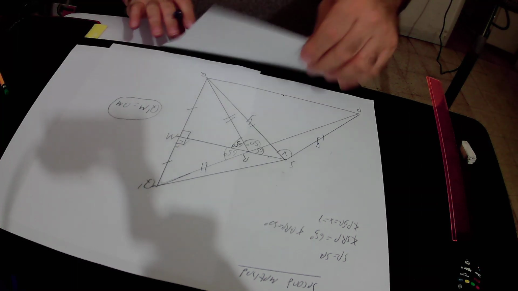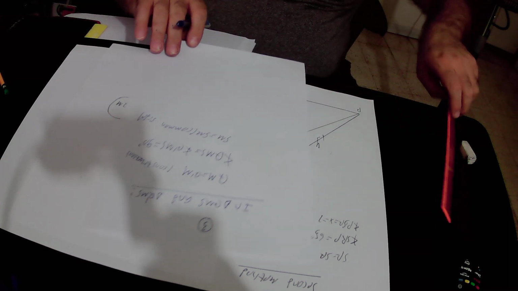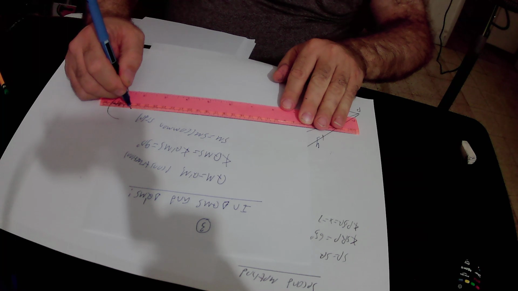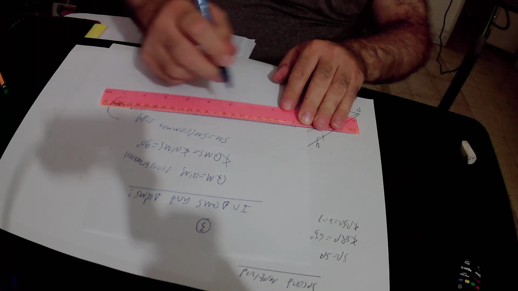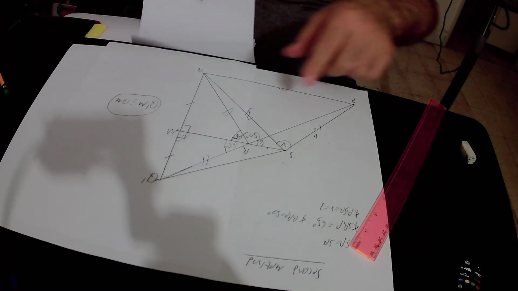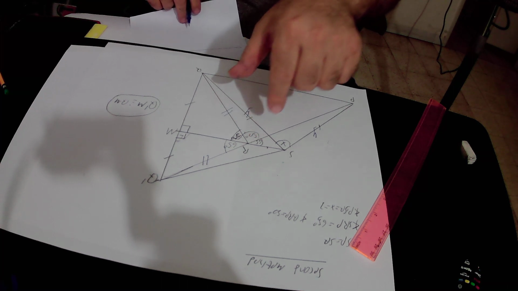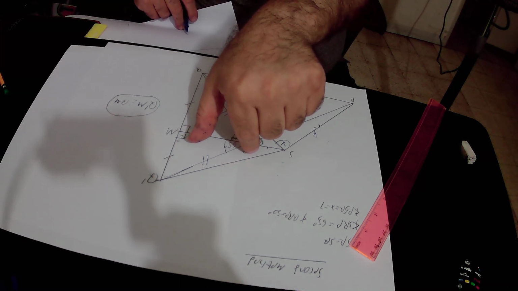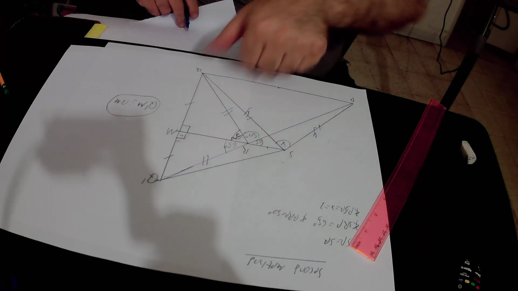So we actually proved that the three sides of the right triangle QMS are correspondingly equal to three sides of the right triangle Q'MS.